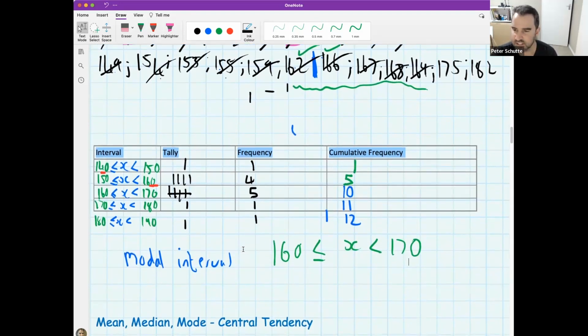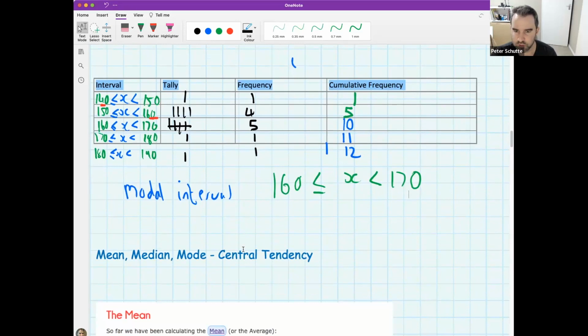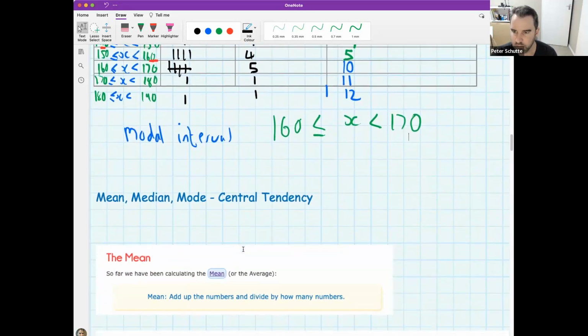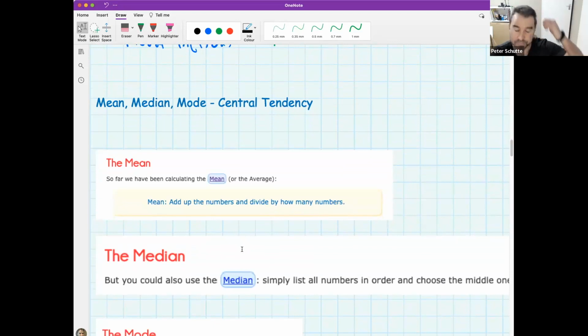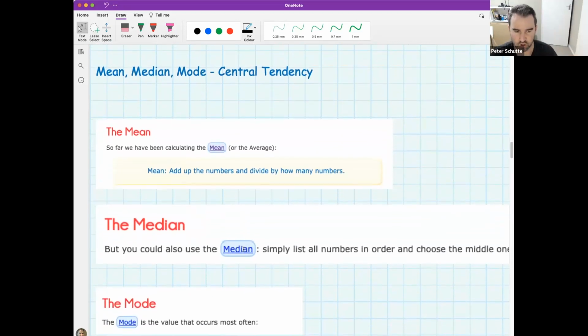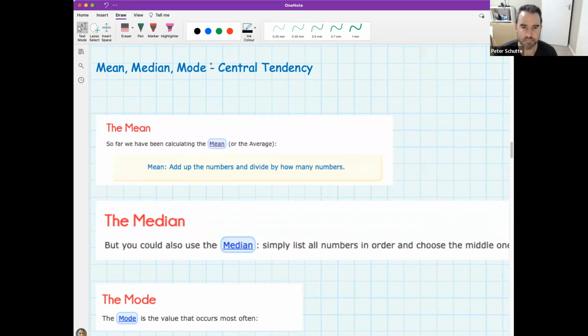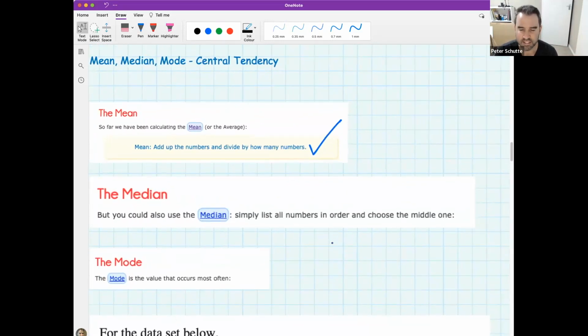Okay, before we hit the second half of the lesson, I just want to quickly go through some definitions and then we'll come back after that and do a second example. So like I said, if you want to find the mean, you add up all the numbers and divide by how many numbers you have. If you want to find the median, you have to put them in order and then find the middle one.